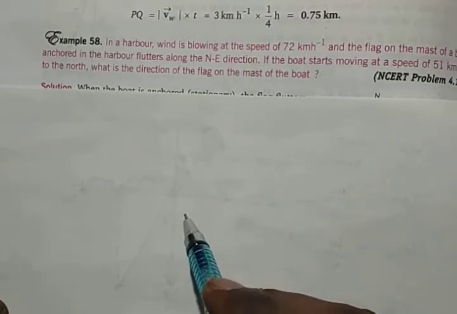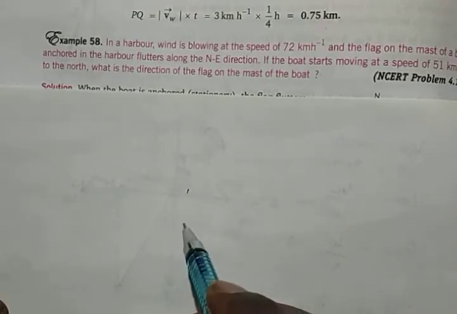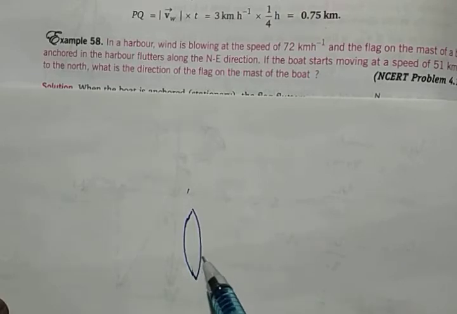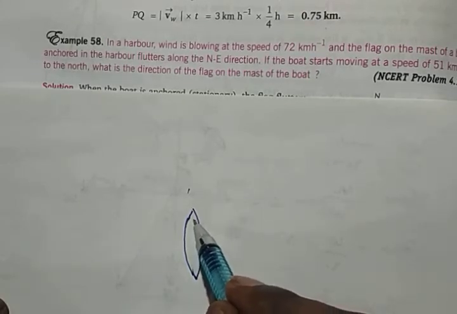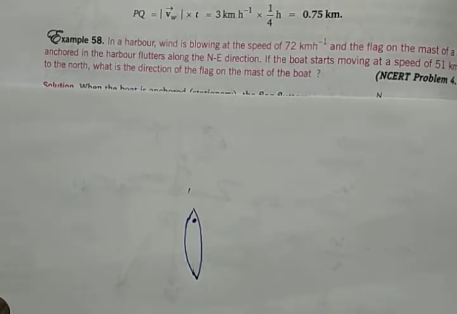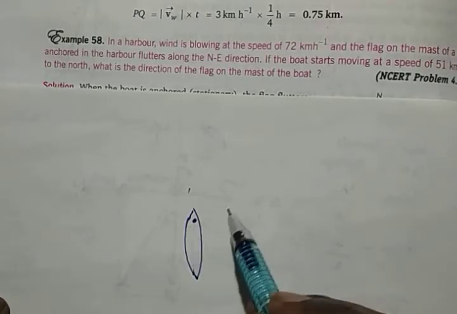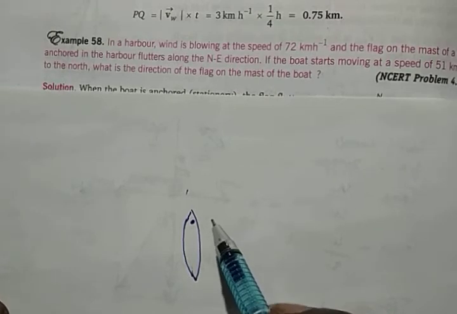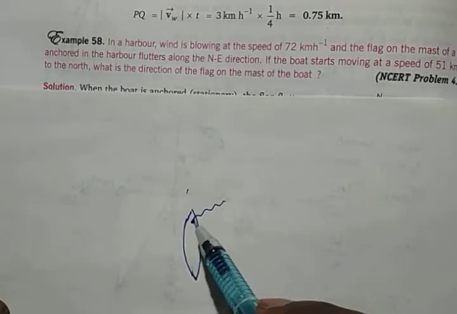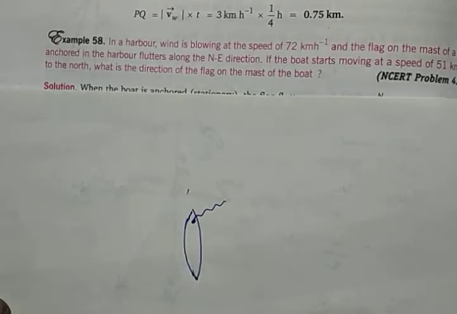There is a boat which is staying here, and this boat is having a kind of pole or something, and in that pole the flag flutters. The flag is fluttering in this direction. That is called northeast direction.